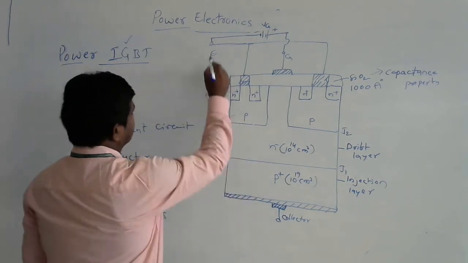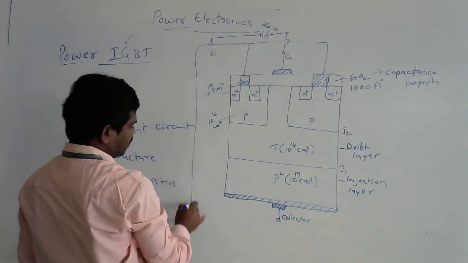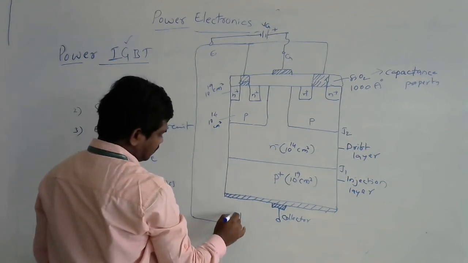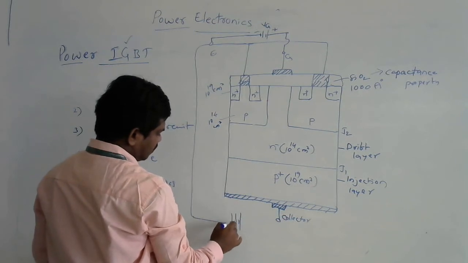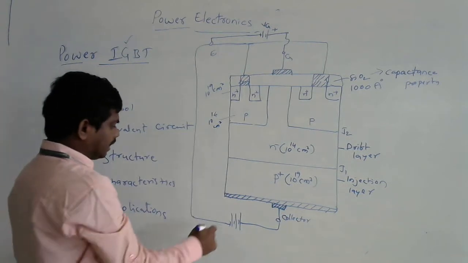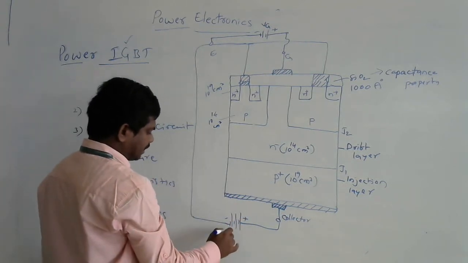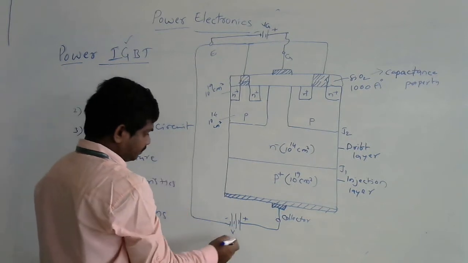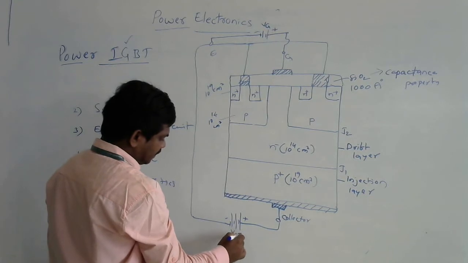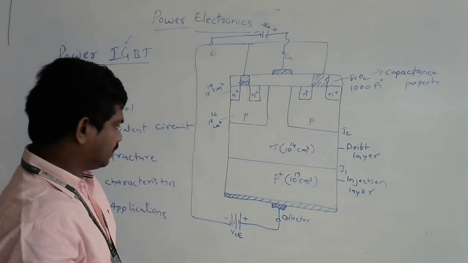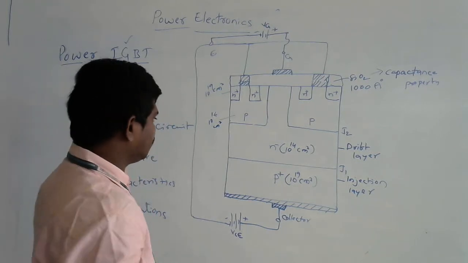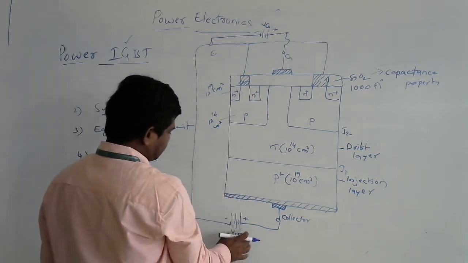Thereafter I am connecting the emitter terminal and collector terminal like this. The positive of the battery is connected to the collector, and the negative terminal of the battery is connected to the emitter. I am calling this voltage VCE. Sometimes we call it VCC.